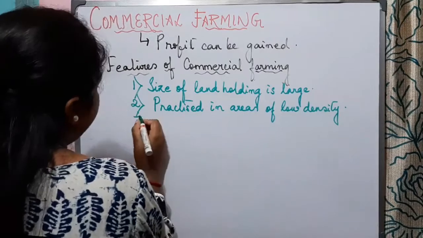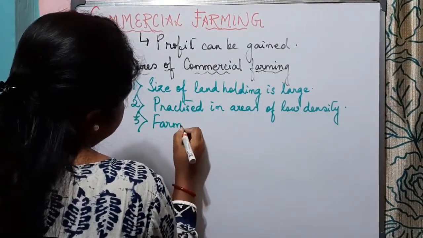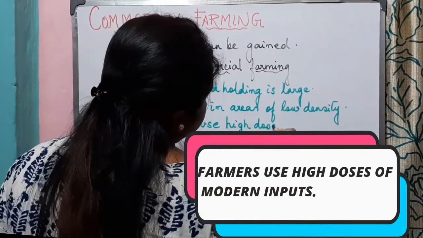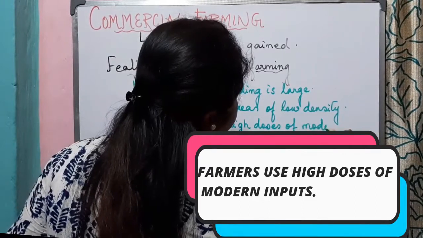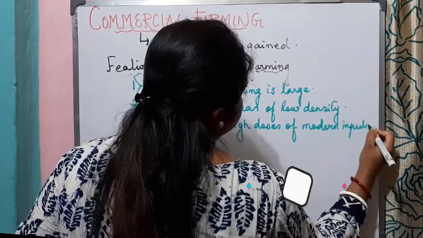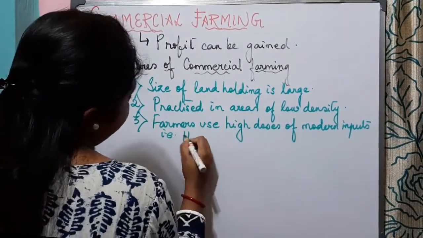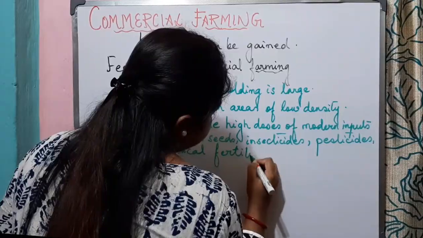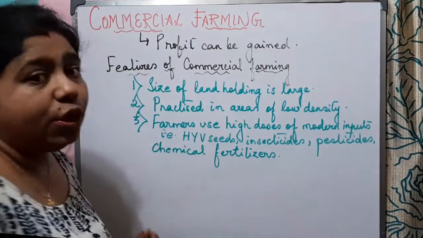Here we will see that the farmers use high doses of modern inputs, that is HYV seeds, insecticides, pesticides, chemical fertilizers at a high rate.